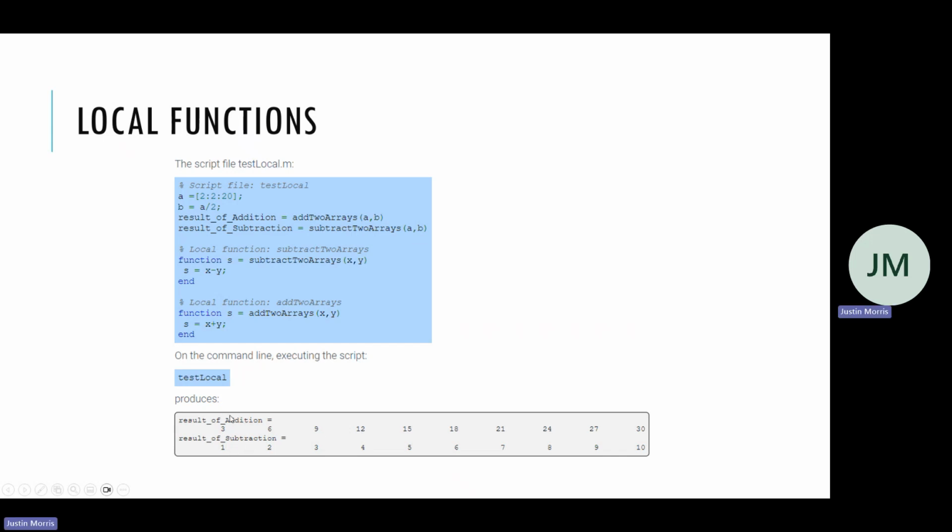And then if I subtract the two, we're getting 1, 2, 3, 4, right? So if you want to make like helper functions, this is one way that you can do it. And these are local functions. So these are not functions to be used by a separate script. These are only within this script.